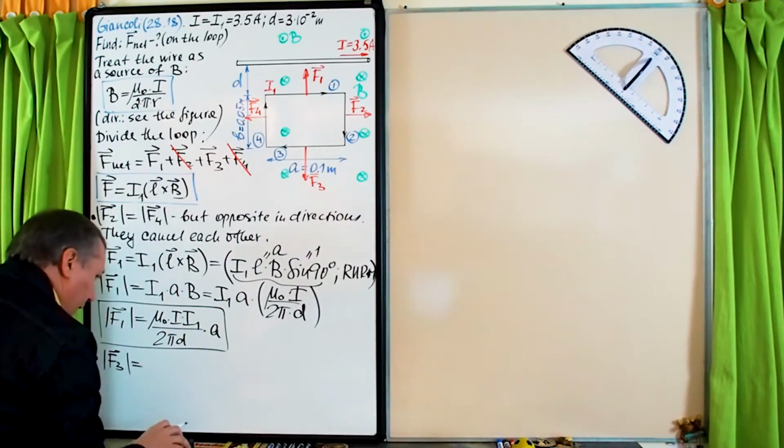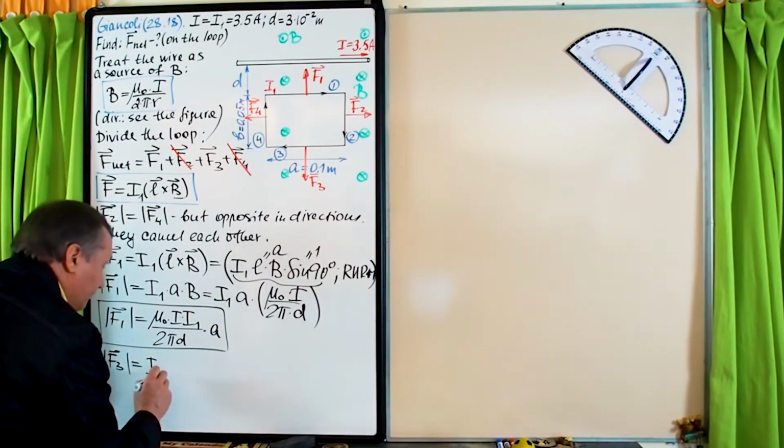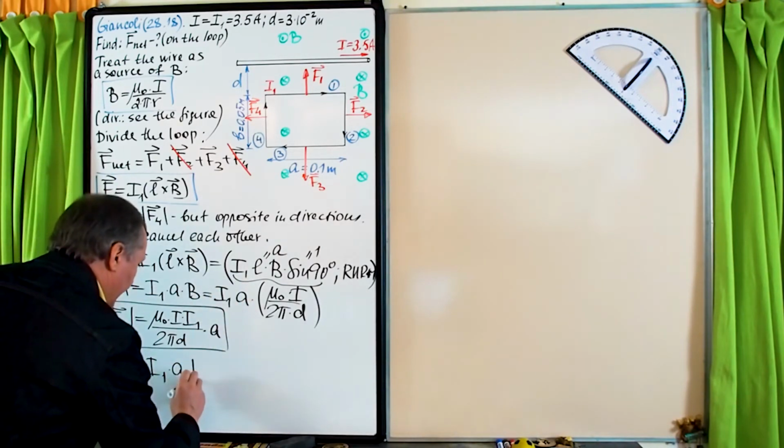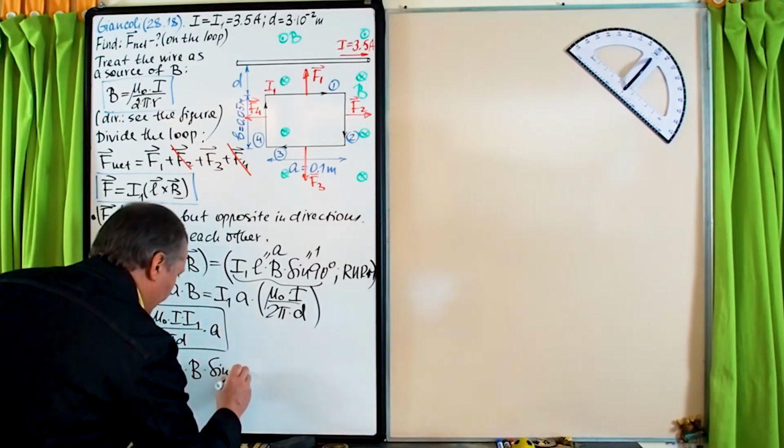So it will be I1 times A, B, and again sine of 90 degrees.